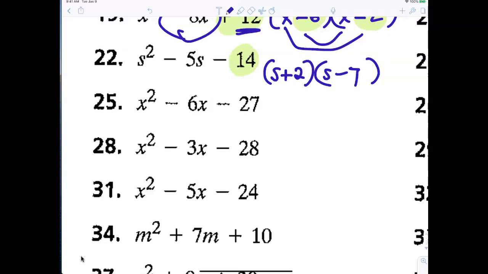Yes, it's wrong. You know why? Because that would give you a +5 and not a -5. If that was a positive and that was a negative, that would be +5, not -5. That's why that's no good.